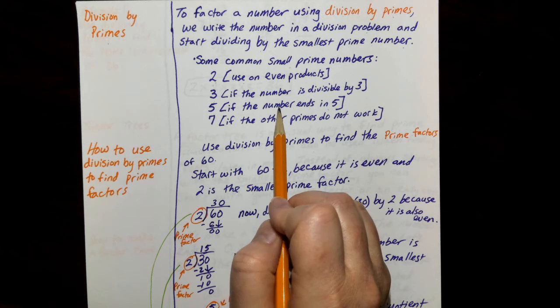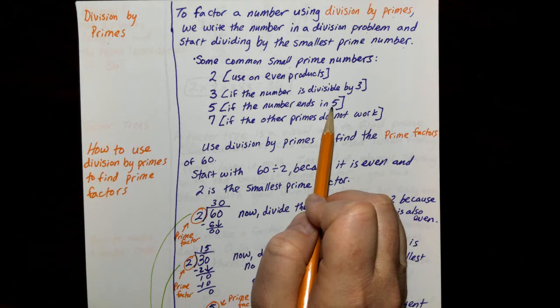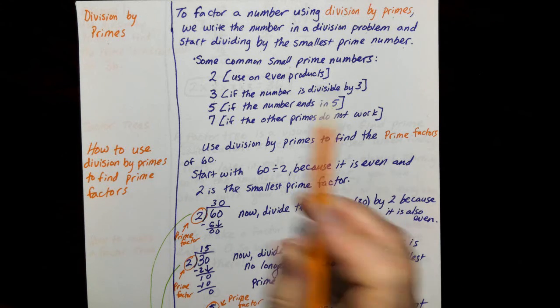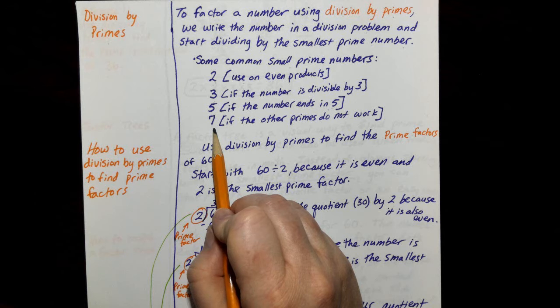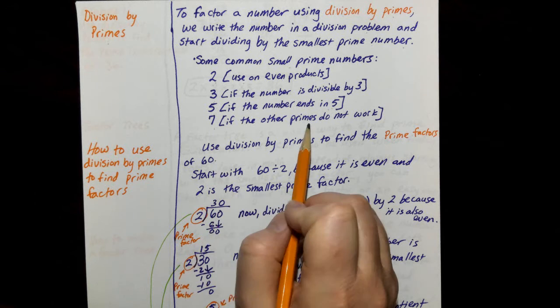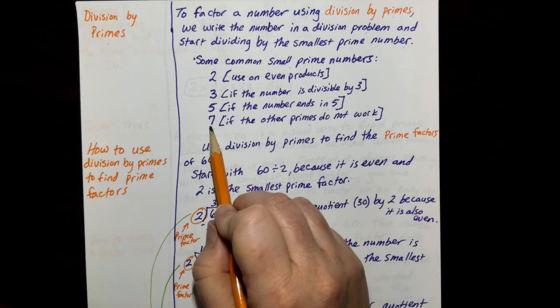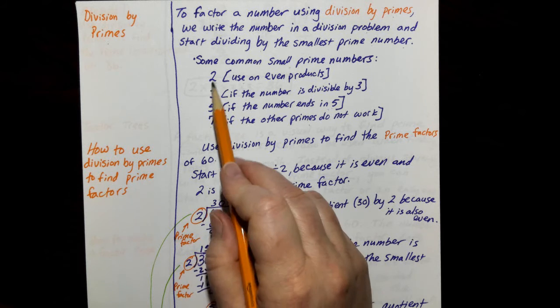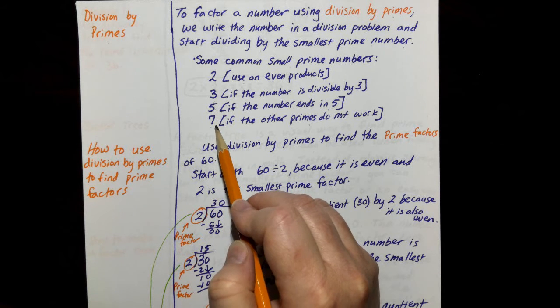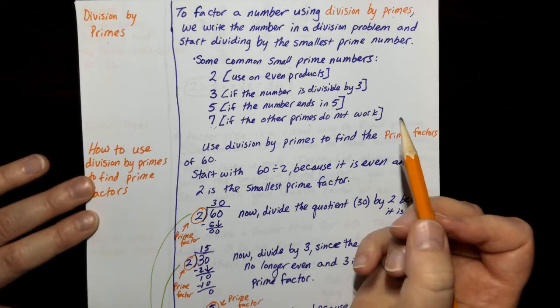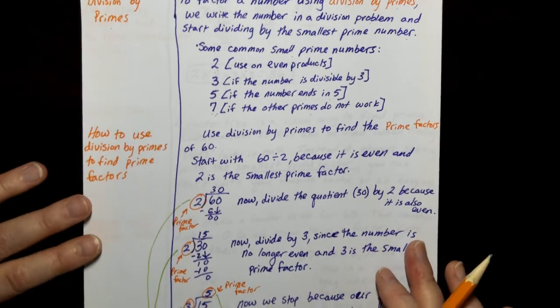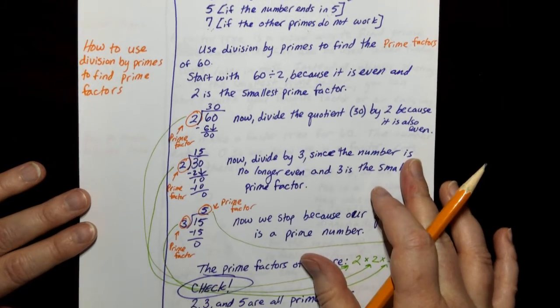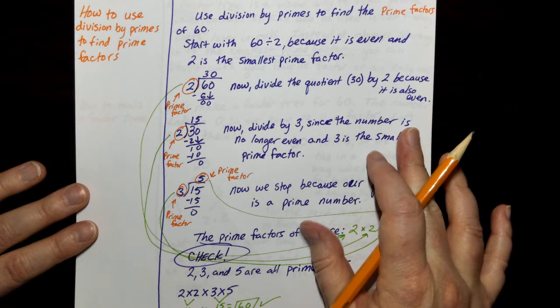So 5 is the smallest prime number for any number that ends in 5. 7 would be a good one to try if your other primes don't work. It's not really going to be always the case, but if you've tried 2, 3, and 5, 7 might be a good fit.